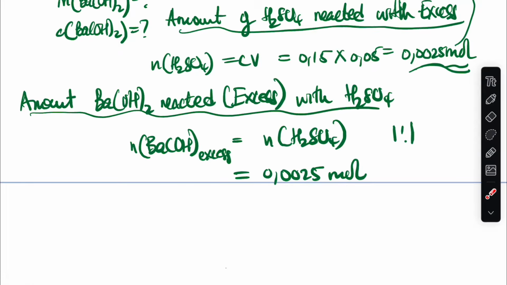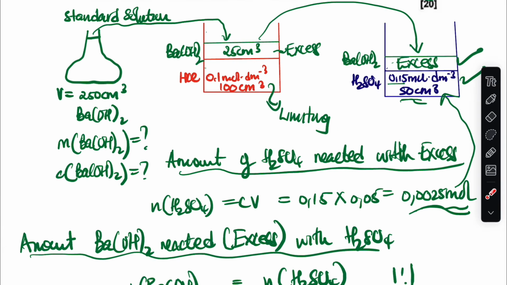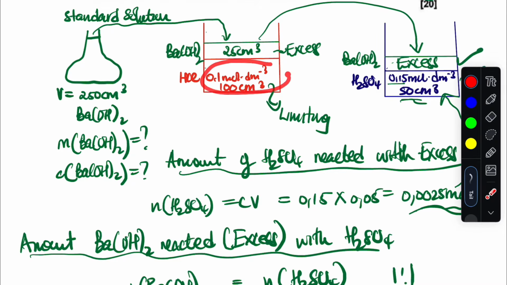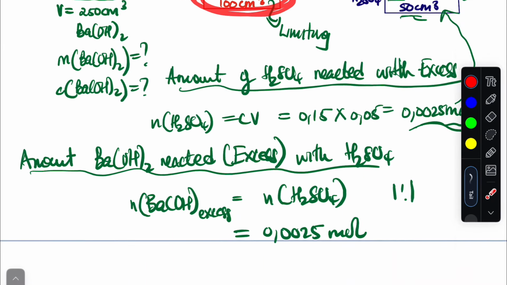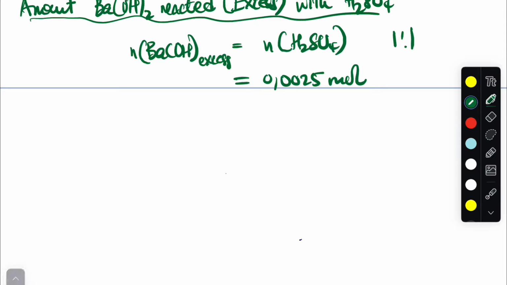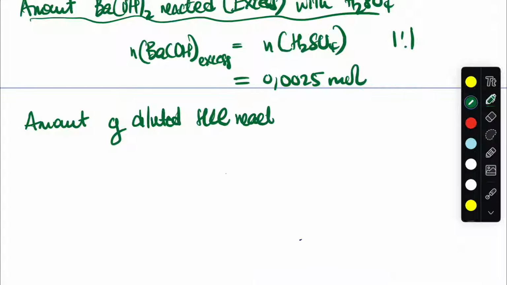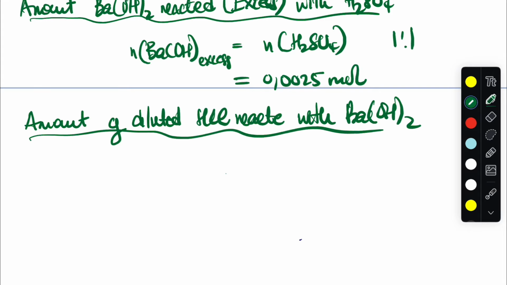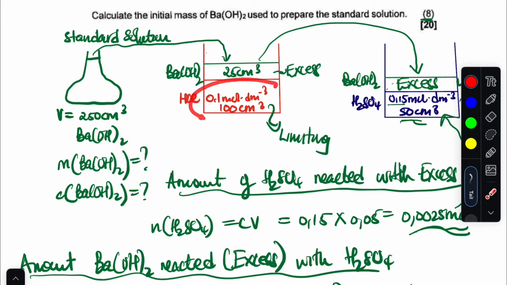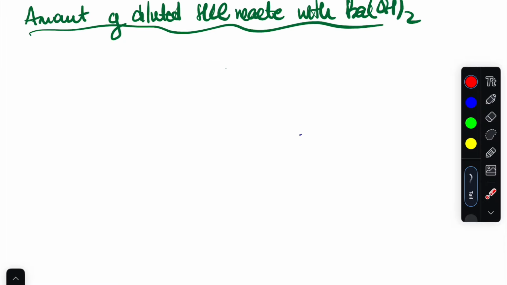So now I'm going to calculate the amount of diluted HCl that reacted with barium hydroxide, so that I can get the amount of barium hydroxide that reacted there.